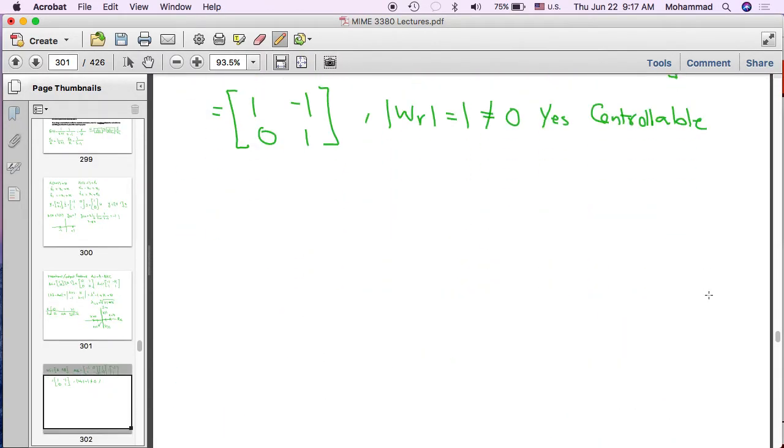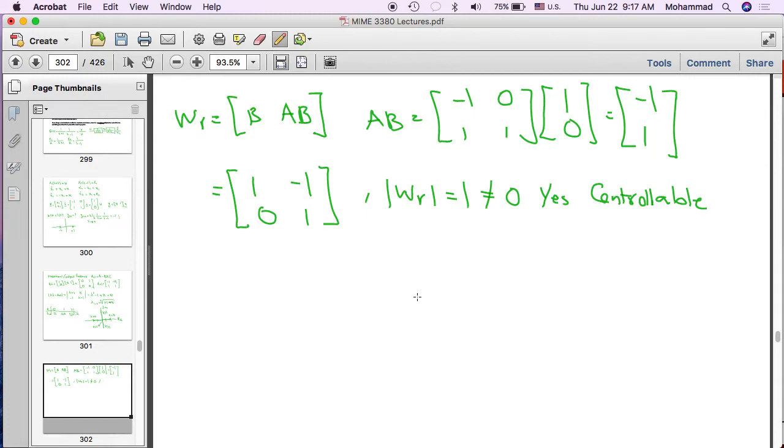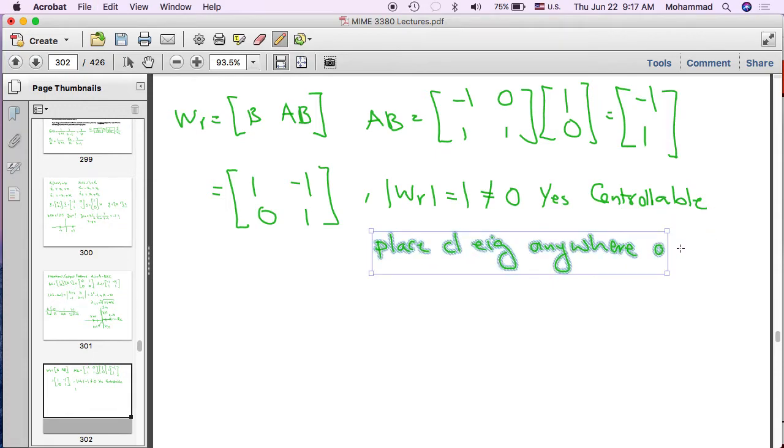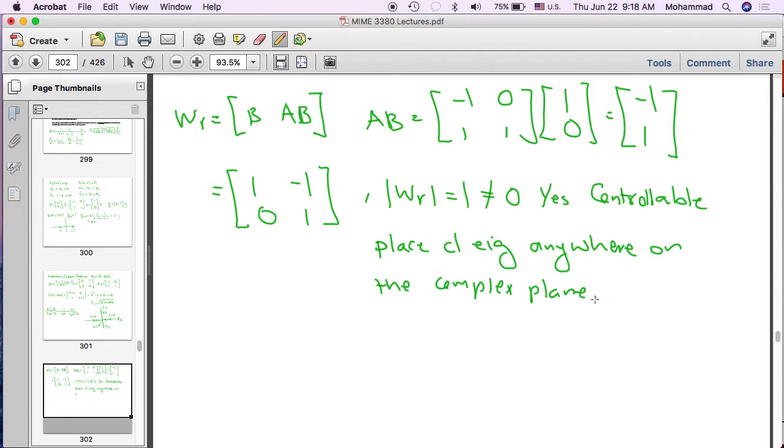So what it means is we can place closed loop eigenvalues anywhere on the complex plane. So it's possible. That's the meaning of it.